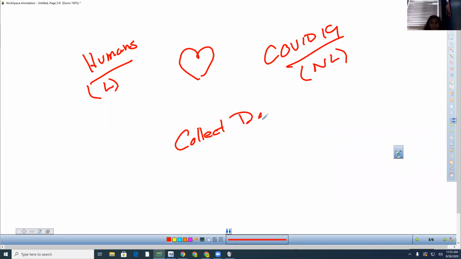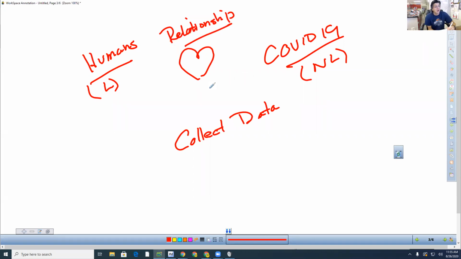So when you're studying a relationship, scientists collect data, and the data told them that as more people got COVID-19, so people infected, what happened to the number of deaths?